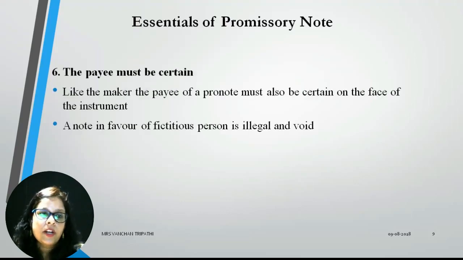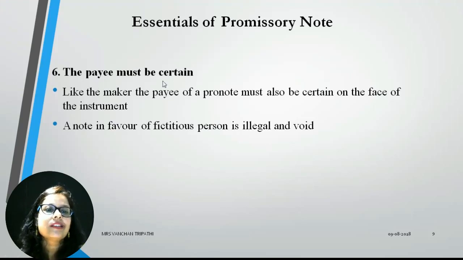So there is the involvement of another party. In the fifth point, we spoke about the certainty of the maker. In the sixth point, I would like to talk about the certainty of the payee also, to whom you are making a promise to pay. In the promissory note, he should also be certain. He must have a proper name and a proper identity.